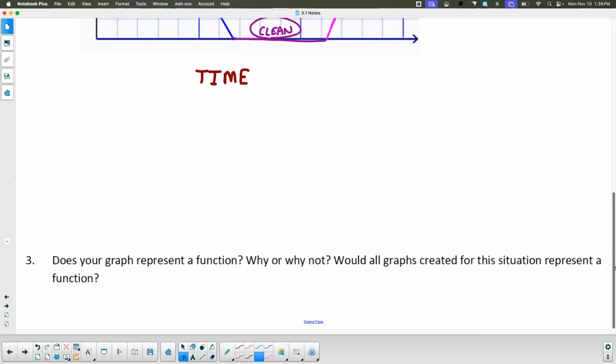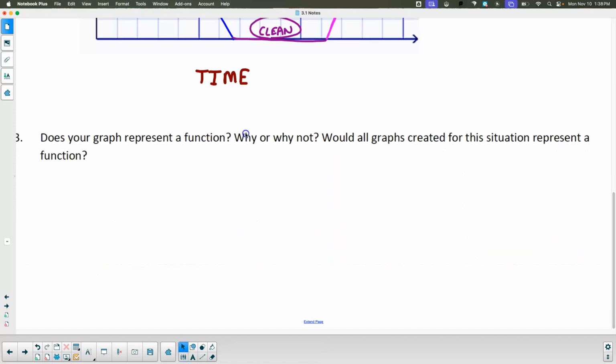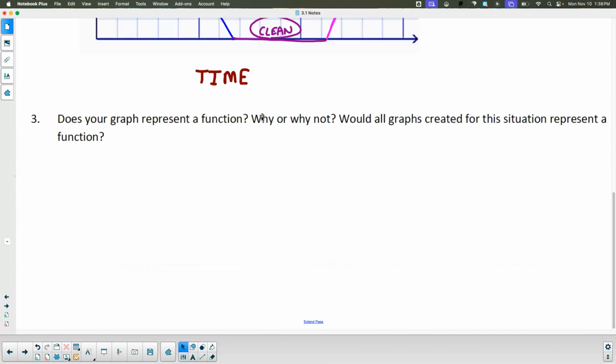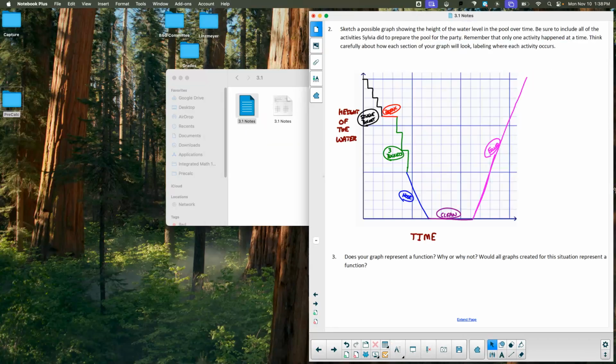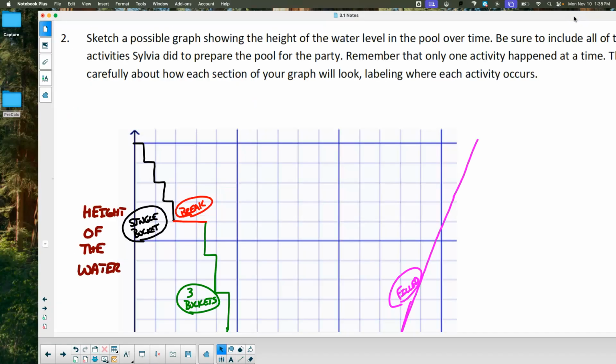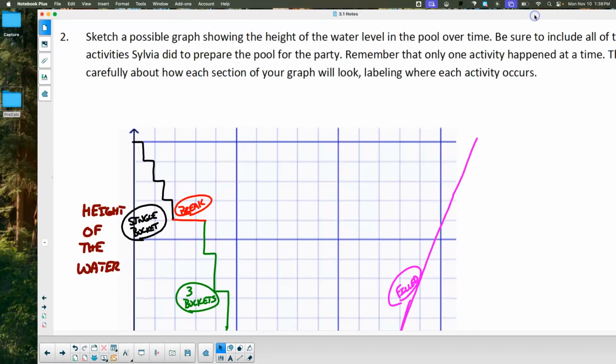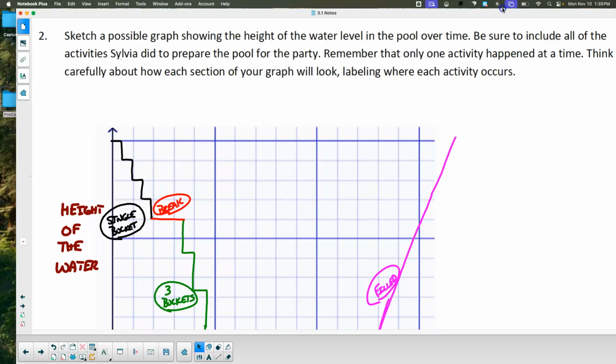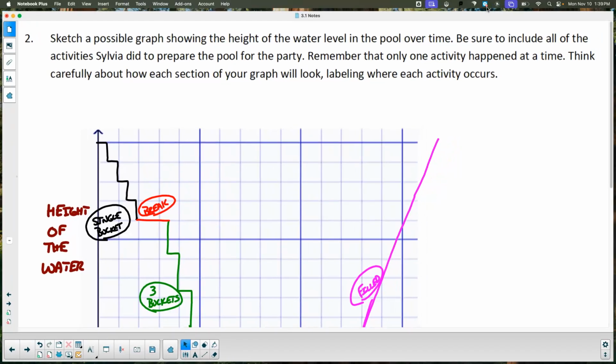The next question says, does your graph represent a function? Anybody remember what the big test is for a function? Anybody remember what the test is for a function?